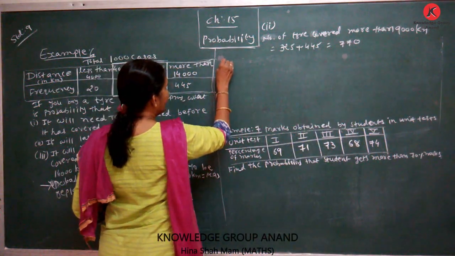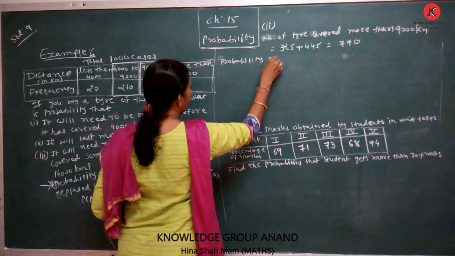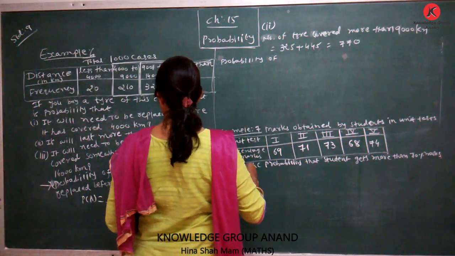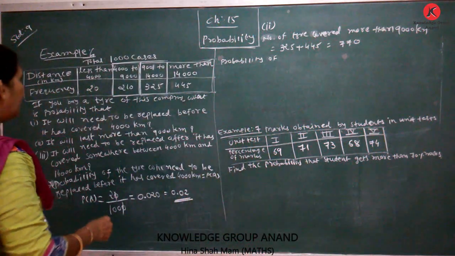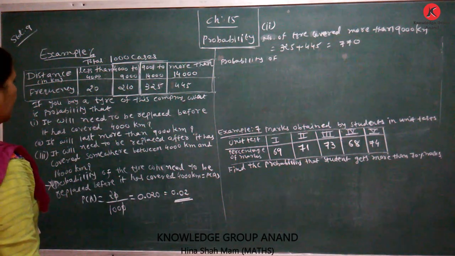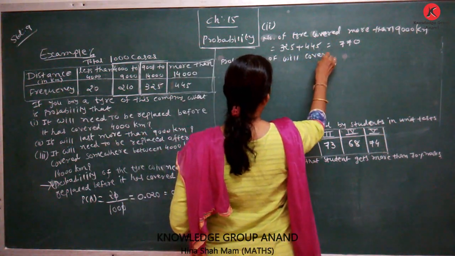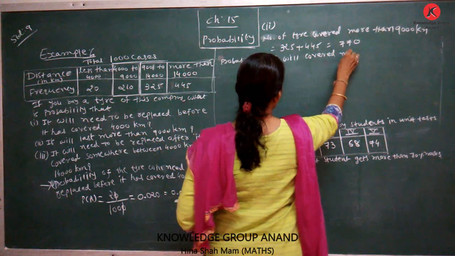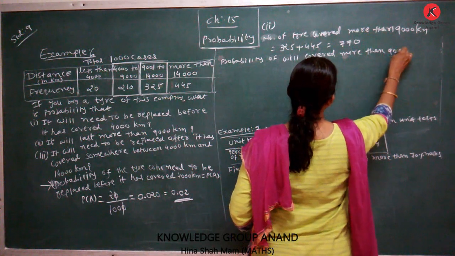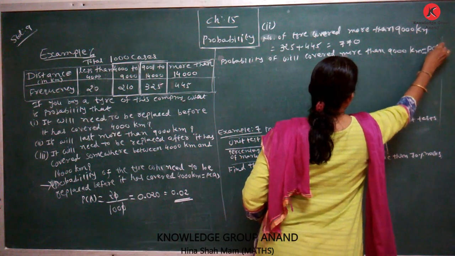Then probability of tire will last more than 9,000 kilometer is equals to PB.